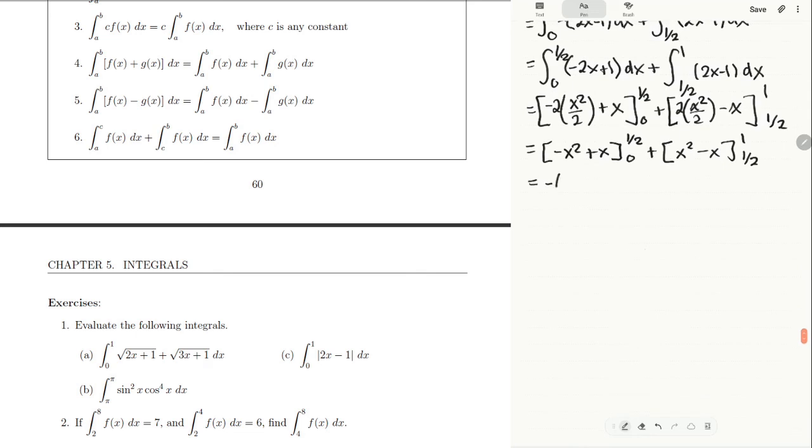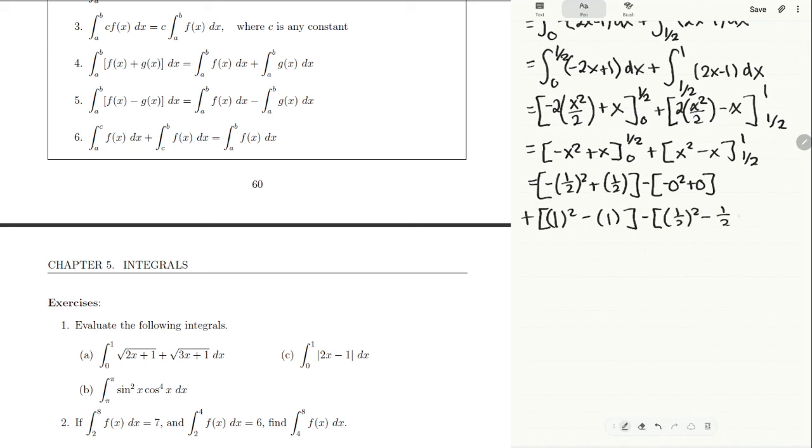So we have negative of 1/2 squared plus 1/2 minus negative 0 squared plus 0. And we add this to 1 squared minus 1. And we subtract 1/2 squared minus 1/2.